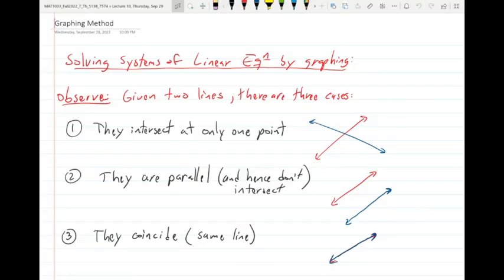So every time that you have 2 lines that you want to study, there are 3 possibilities that could happen. What are they? Either the lines cross at a point, maybe they don't cross at all, so they are parallel, or they are one on top of each other, meaning they are the same line. Okay, and this can be seen easily. For example, you can think of the equation x plus y equals 3 and the equation 2x plus 2y equals 6.